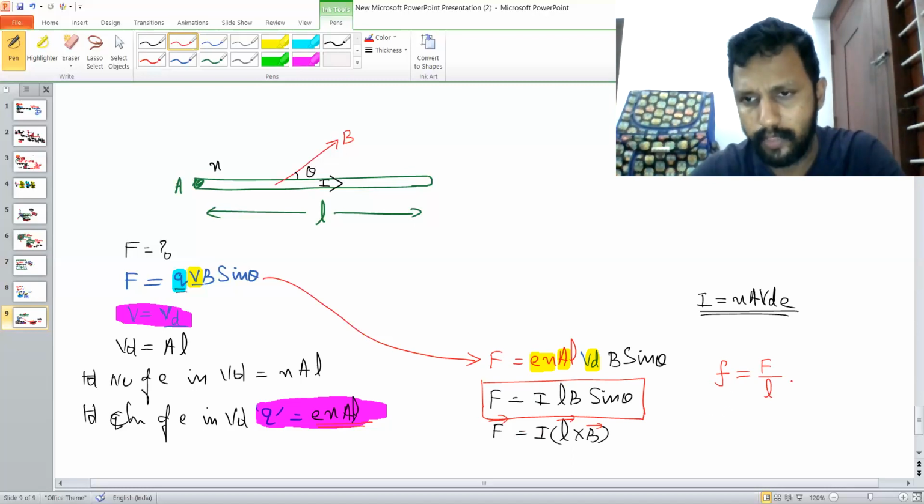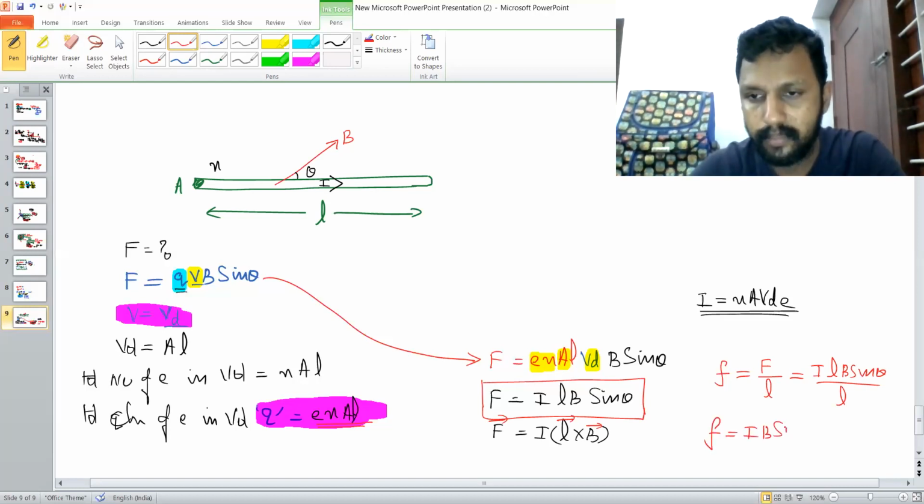The total force is ILB sin theta, divided by L. Therefore, force per unit length will be IB sin theta. This is the expression for force per unit length.